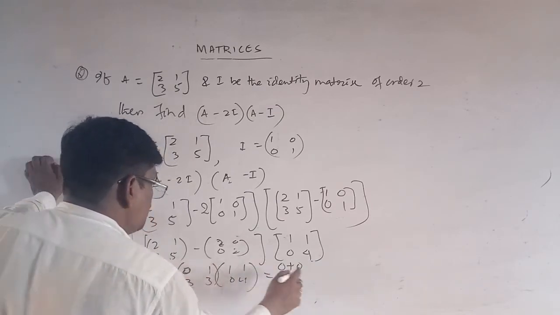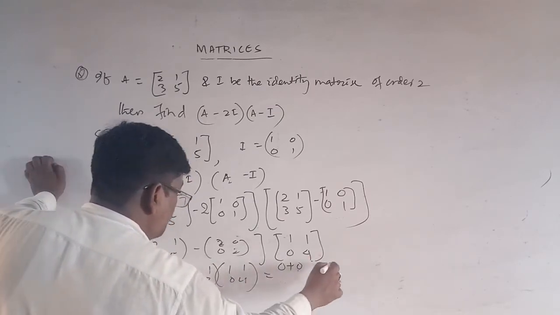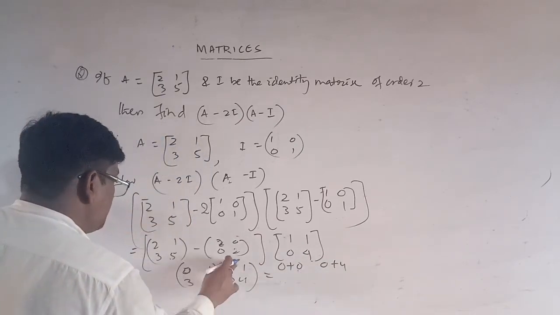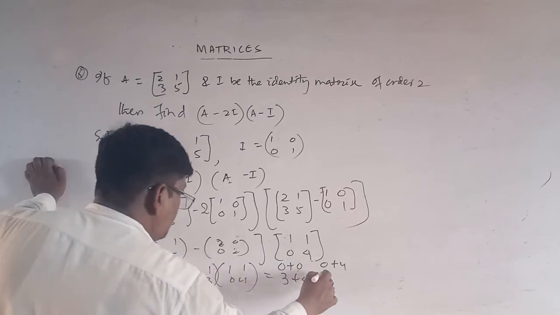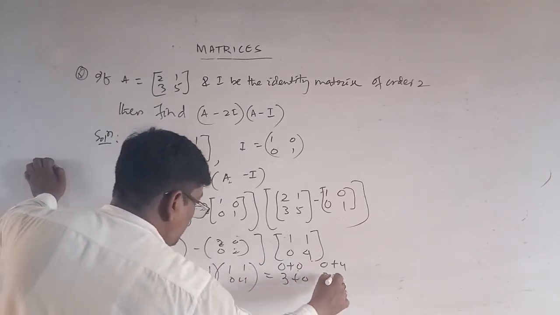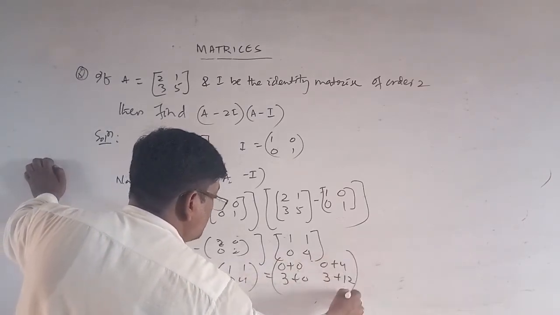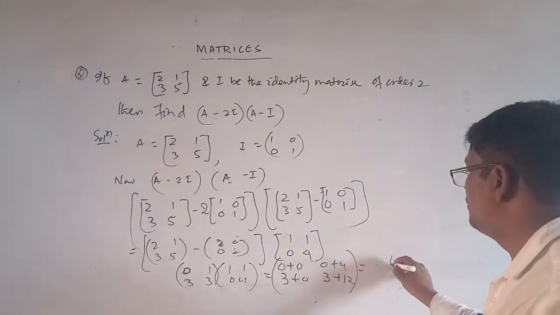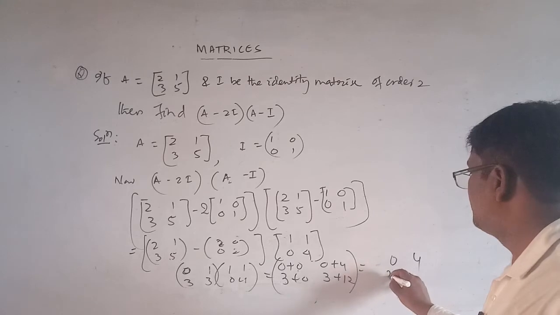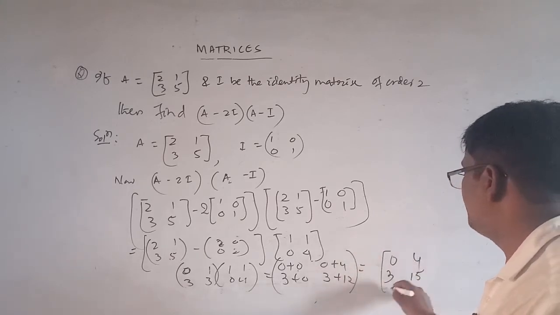Then 0 into 1, 0, 1 into 4, 4. 3 into 1, 3, 3 into 0, 0. Then 3 into 1, 3, 3 into 4, 12. Okay, so this is equal to 0, 4, 3, 15. That is the answer.